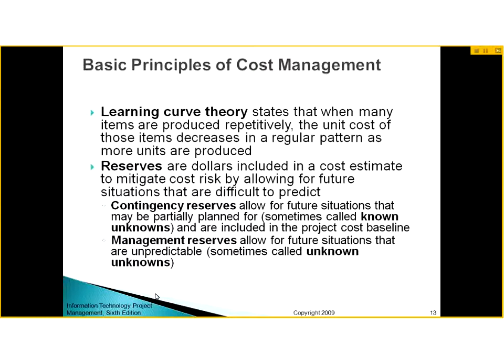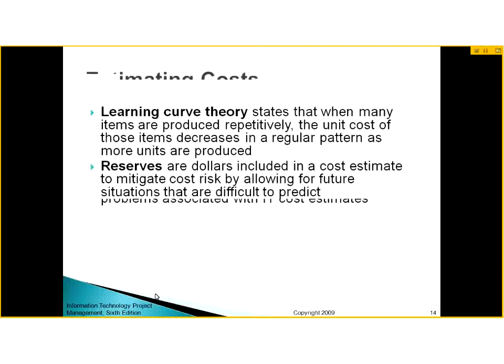These reserves can be contingency reserves or management reserves. Contingency reserves are for future situations that may be partially planned, and these are called known unknowns. Management reserves allow for future situations that are unpredictable, that you don't know in advance. These are sometimes called unknown unknowns.